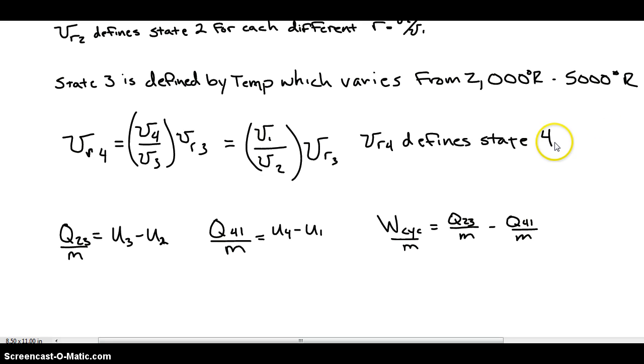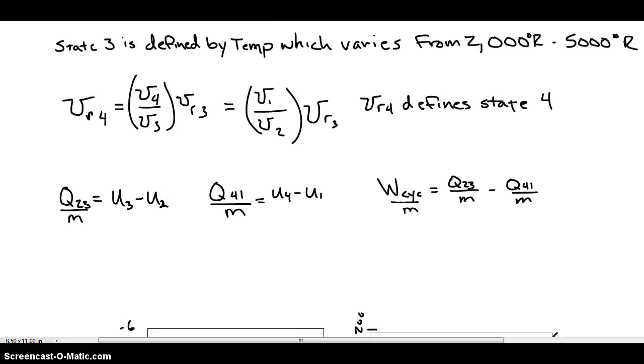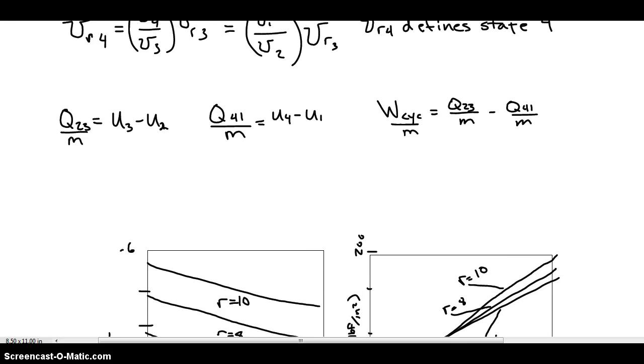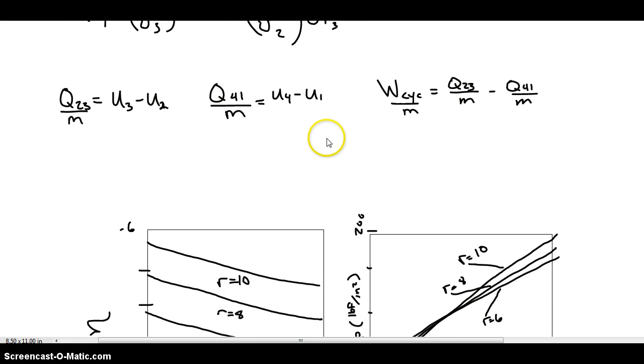And then state 4 will be defined by the specific volume also. We can find the temperature and the specific energy, internal energy, and enthalpy. And then we have our heat transfer into the system between states 2 and 3, which is just equal to the internal energy at 3 minus internal energy at 2.